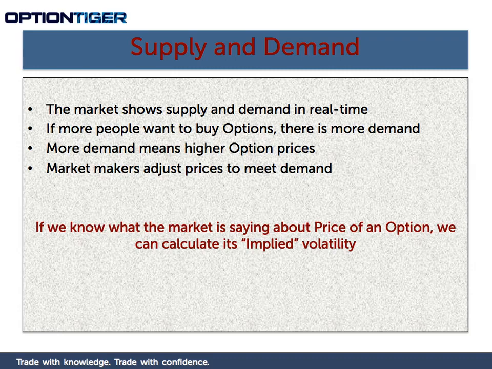So the market provides a way to use the supply and demand that exists in the market to adjust option prices. So if we can know what the market is saying about the price of an option, we can calculate its implied volatility. And that's why it's called implied, because the calculation of the volatility is coming straight from the market. So what exactly do we mean by that?